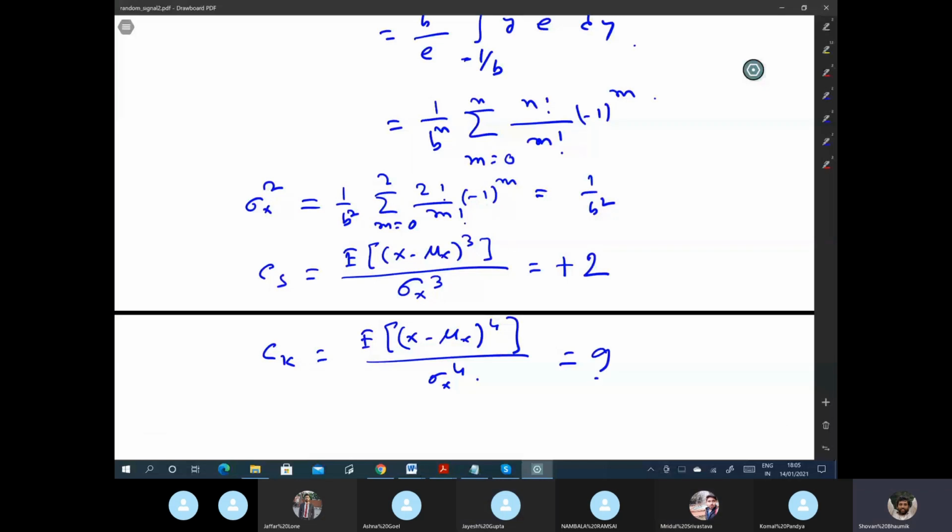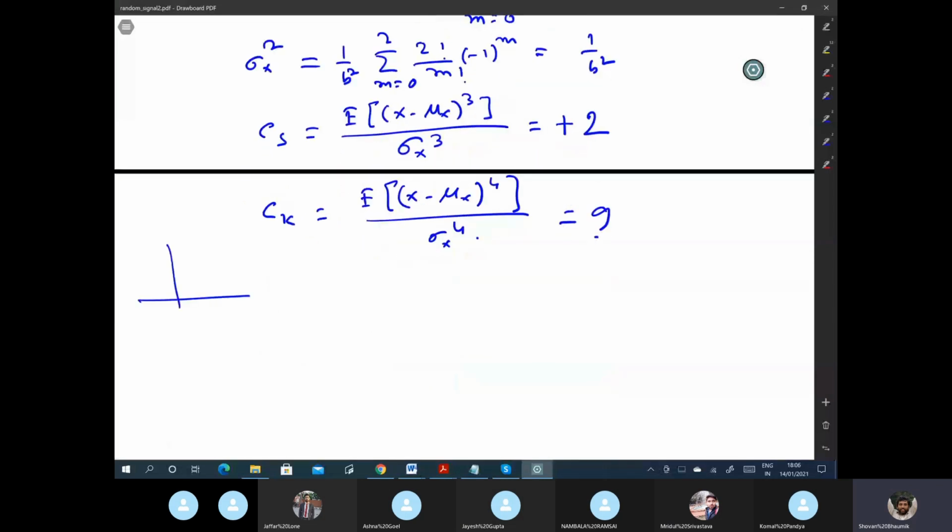Plus 2 means it will be skewed towards the right. If you see this distribution, b e to the power minus bx, from 0 to x, at 0 it will be b.